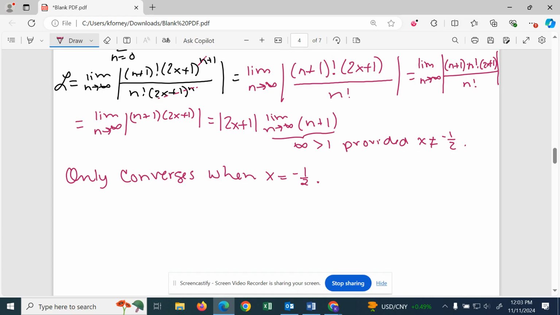That plus would be a minus, and you would have to factor out the 2, and so that's where the negative 1/2 comes from. So in this case, we say the radius of convergence is 0, and the interval of convergence is x equals negative 1/2.